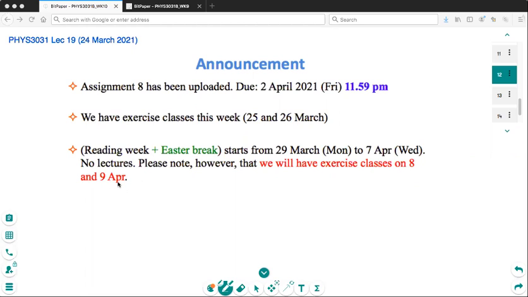Then we come back to finish the final 2 weeks of the term. So we are really approaching the end of this course, and the progress is good. Let's see how far we can move forward.